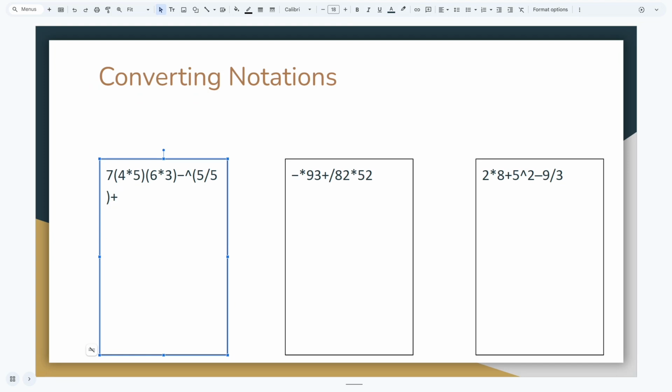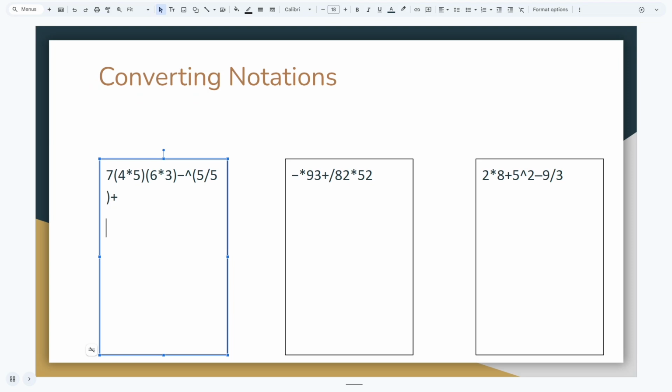Remember, now all of these groups of symbols which are in brackets are counted as a whole operand. So they're not three separate symbols.